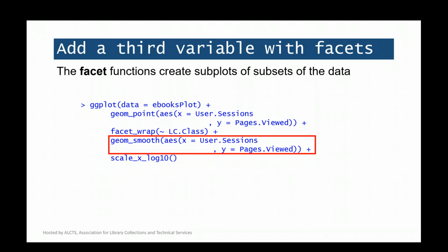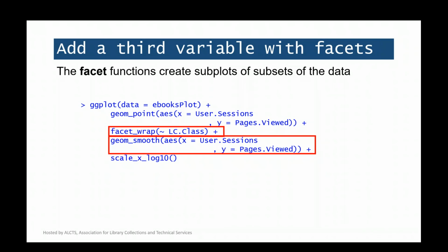We're using geom smooth, which is kind of like a line of best fit, and it's taking the same exact aesthetics. We're then using facet wrap to create subplots according to LC class.